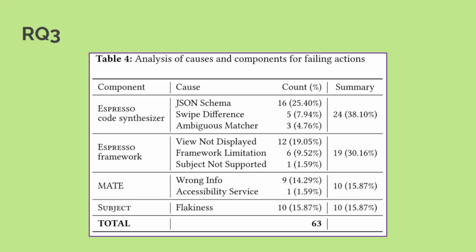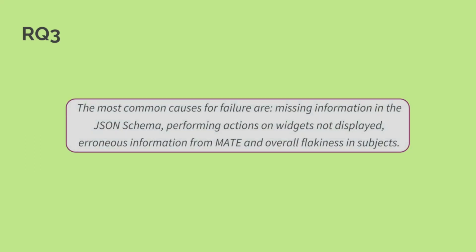For instance, actions performed by MATE on UI elements outside the application, for example in the top bar of the device, break compilation of the corresponding Espresso tests since the resource IDs of those views are not defined within the target app. Thus, the result for research question 3 is that the most common causes for failures are missing information in the JSON schema, performing actions on widgets not displayed, erroneous information from MATE, and overall flakiness in subjects.